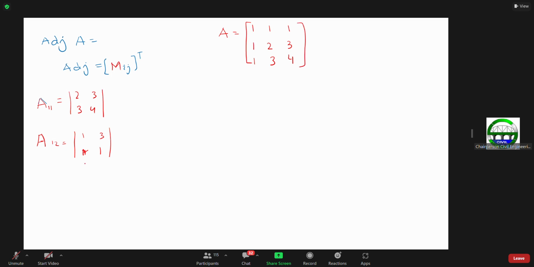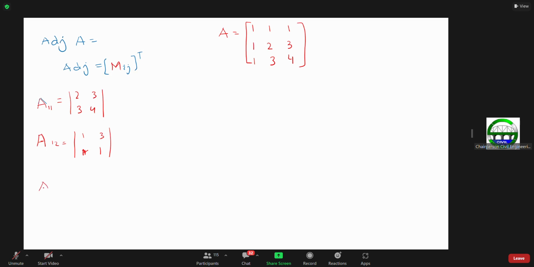Okay, so we have this one equals to this one, and then this one and this one, 4, 3, 1, 1, A1, to some column.